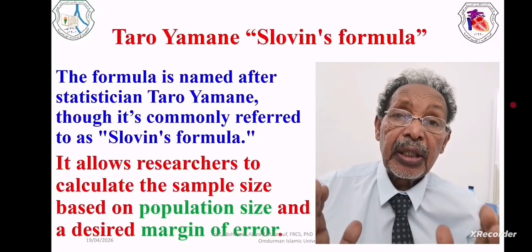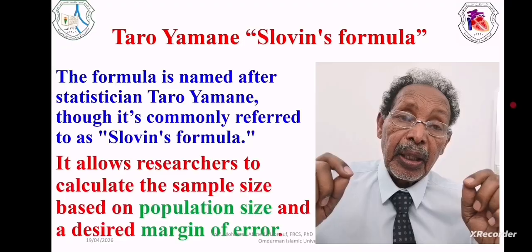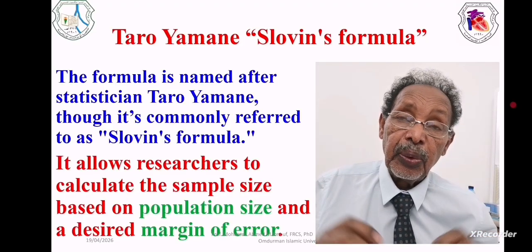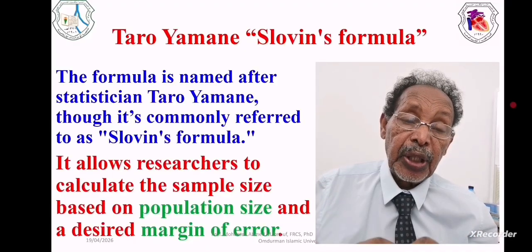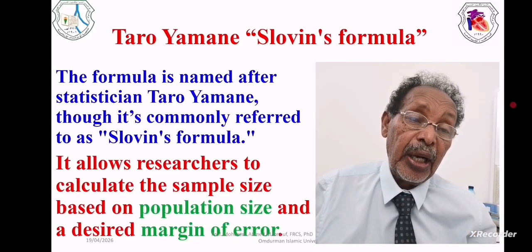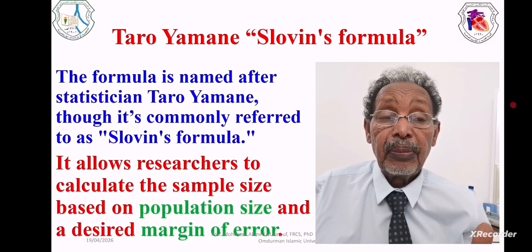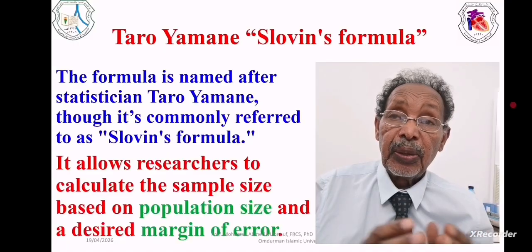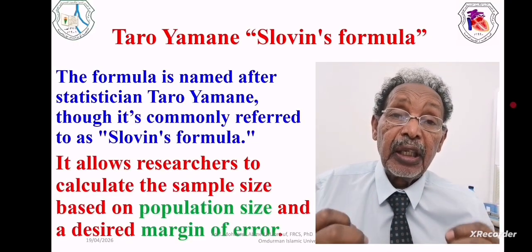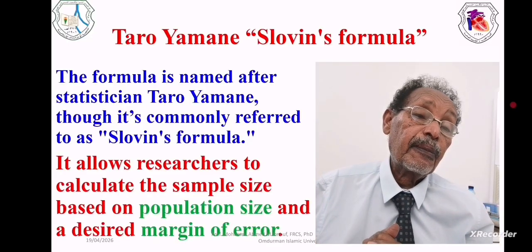Based on this figure, you can calculate a correct and reliable sample size with a fixed margin of error of 5%. When we say 5% error, it means it is with a confidence level of 95% that this is the correct sample size.